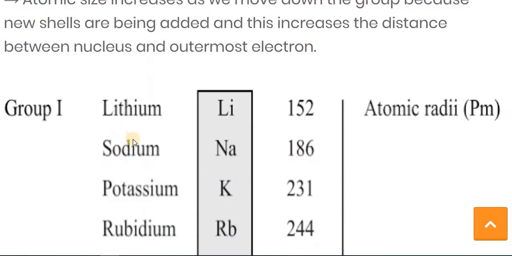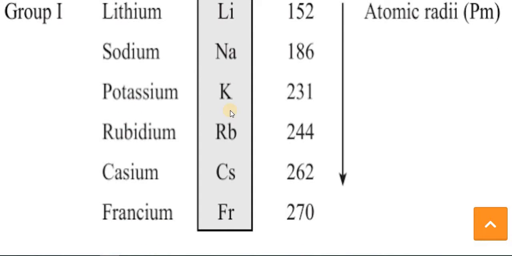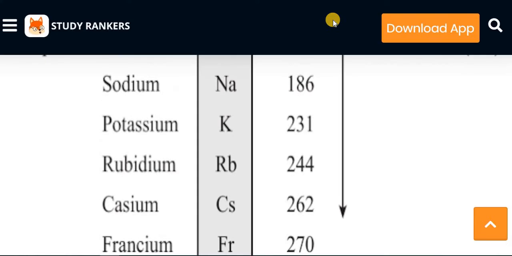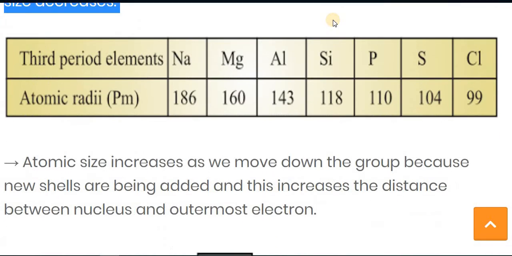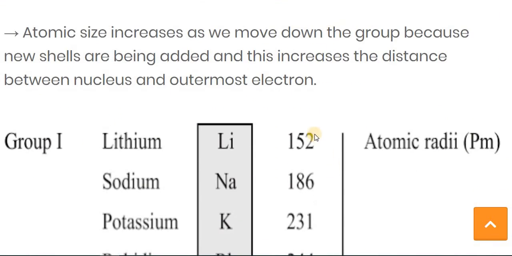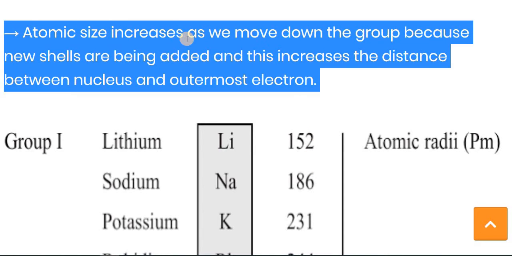Here you can see lithium, sodium, potassium, rubidium, cesium, francium. Here one shell is added, and due to that the atomic radius increases. So the atomic size increases as we move down the group, because new shells are being added, and this increases the distance between the nucleus and the outermost electron.